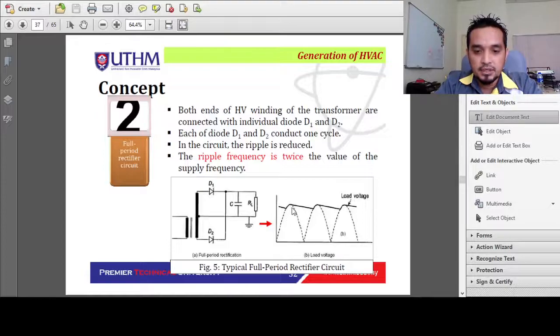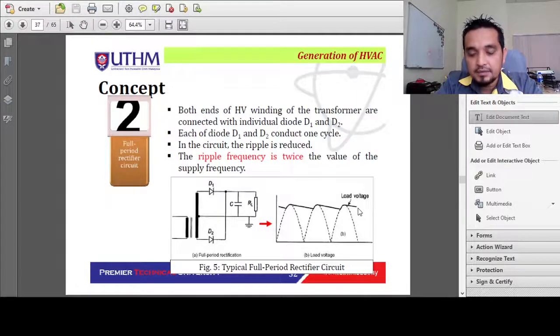Okay, so we have this one. For half wave, we don't have this, but for the full wave rectifier circuit, we also have this because of this diode. And since we have the smoothing capacitor, the waveform will become smoother.